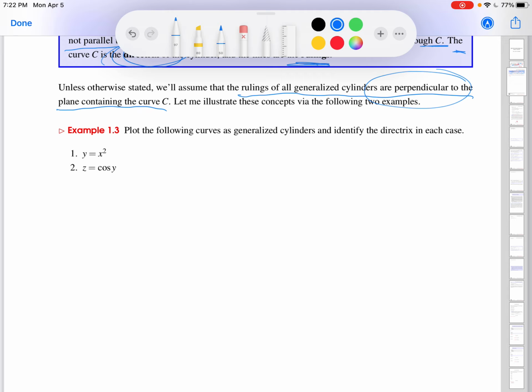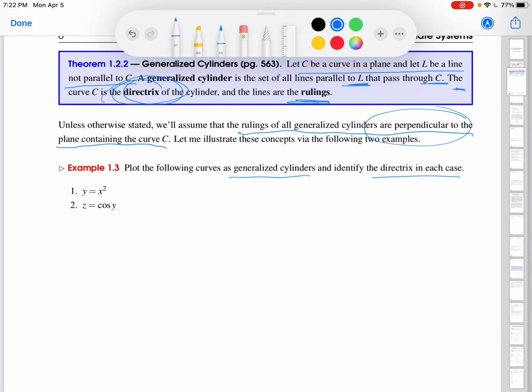This example says, plot the following curves as generalized cylinders and identify the directrix in each case. Remember, the directrix is the curve C, which for us is going to be in the plane. Let's talk about y equals x squared first. If we draw it in the xy plane, a familiar parabola, there it is.